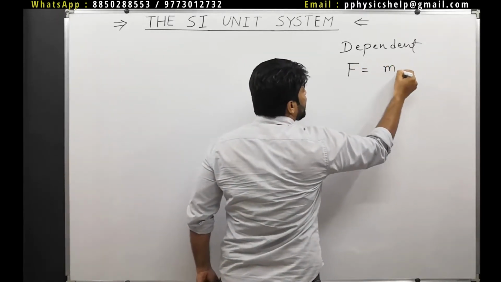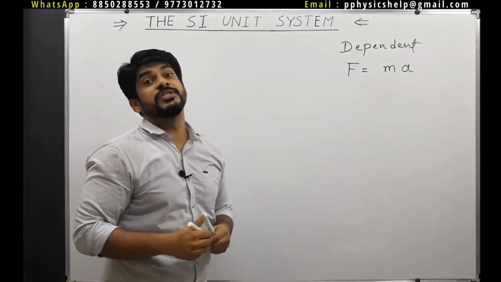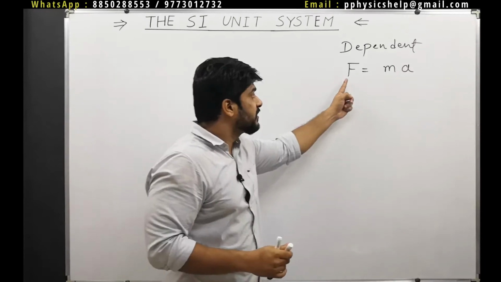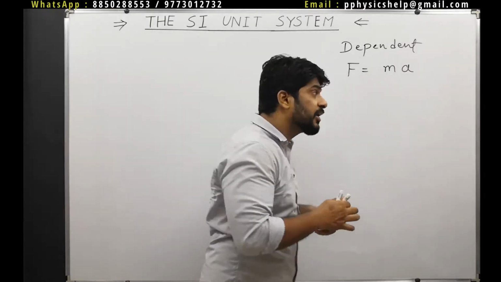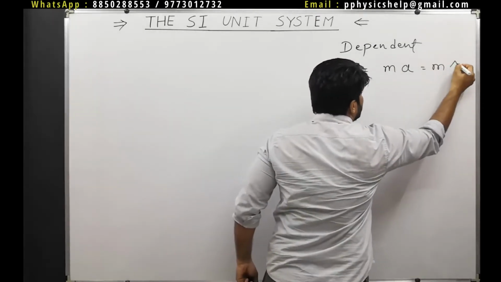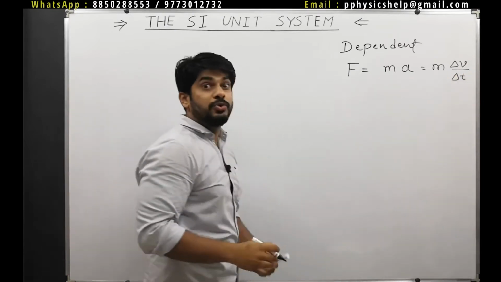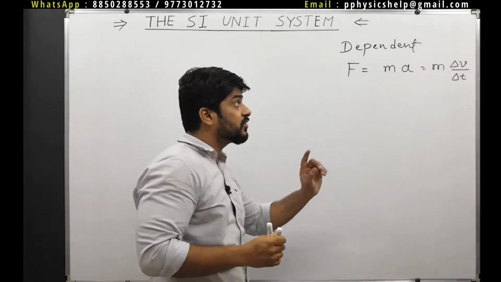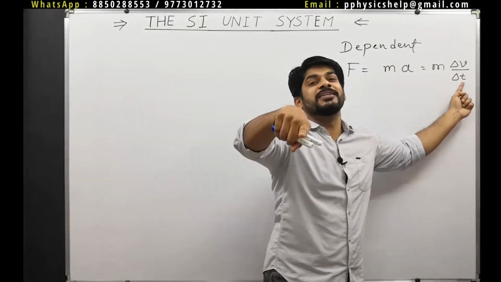Force is equal to mass into acceleration. So you can see that force is a physical quantity and it is expressed in terms of mass and acceleration. Again, acceleration is nothing but change in velocity upon the time required. So acceleration is also a dependent physical quantity, isn't it?